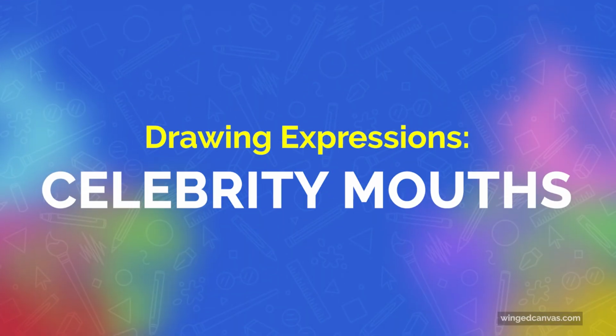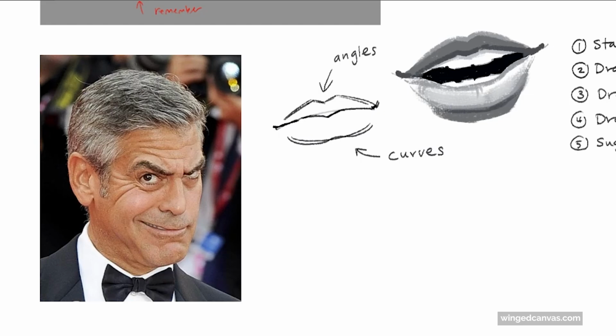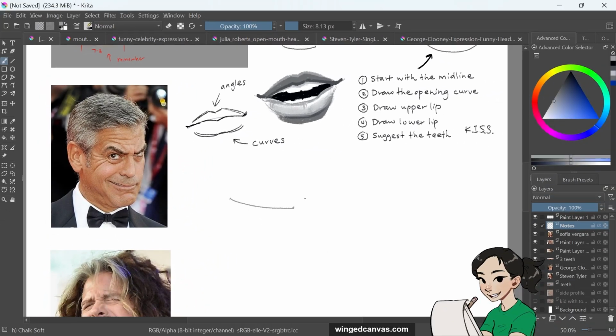All right, so let's move on to some celebs. I really love this expression here on George Clooney. So what you don't want to do is start to outline prematurely like this.